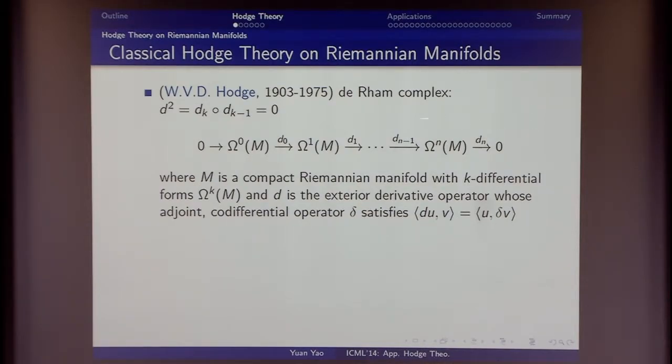If you studied the de Rham complex, basically you studied the chain map, where X, Y and Z in the product space become the k-differential forms on the manifold, and the operators A and B become the exterior derivative operator. Then you can define this kind of complex, and the Hodge decomposition naturally follows what we described before.